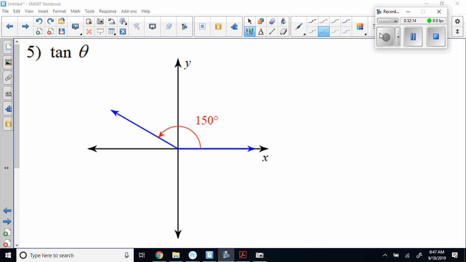Tangent of theta is who? It's sine over cosine. So it's y over x, right? Give me the y value of 150 degrees.